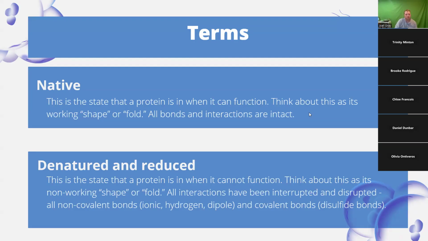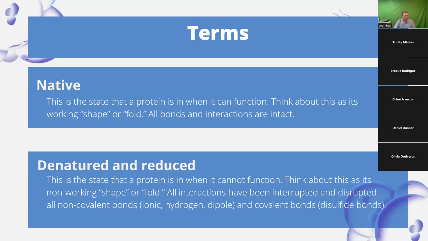All bonds and interactions are intact. Denatured is the opposite of that. It's no longer functional. And bonds and interactions are disrupted. What bonds and interactions? Disulfide bonds, hydrogen bonds, ionic interactions are disrupted. So all of those covalent and non-covalent interactions are disrupted.